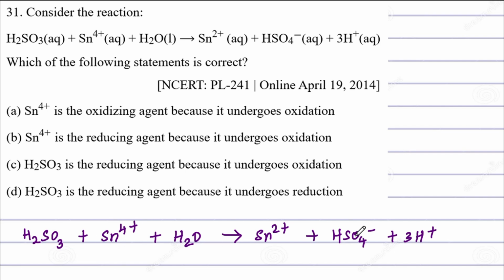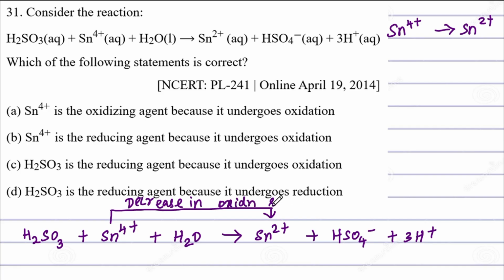So let us compare the reactant and product sides. On the reactant side, we have Sn4+. So tin is present in +4 oxidation state, and on the product side it is present in +2 oxidation state. So you are seeing that from +4 to +2, it is a decrease in oxidation state.